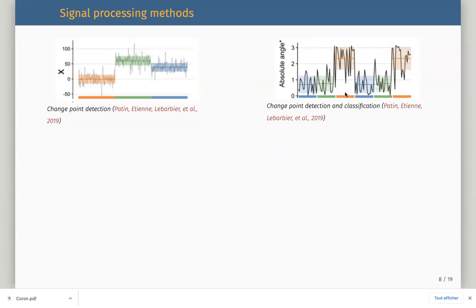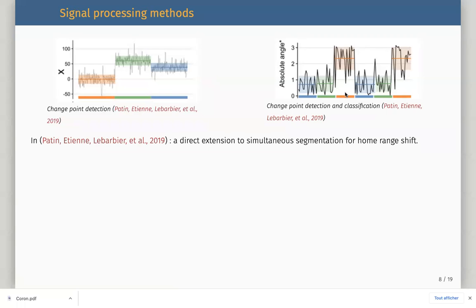So the methods proposed by these authors are very easy to use and to generalize to analyze several signals at the same moment. And so that has been done.